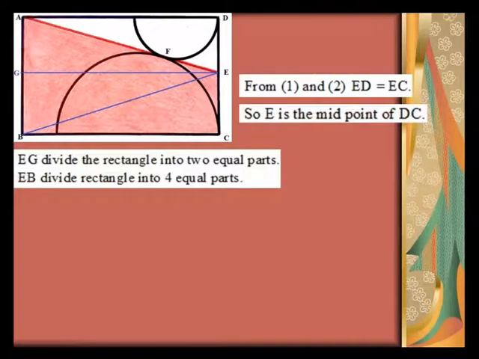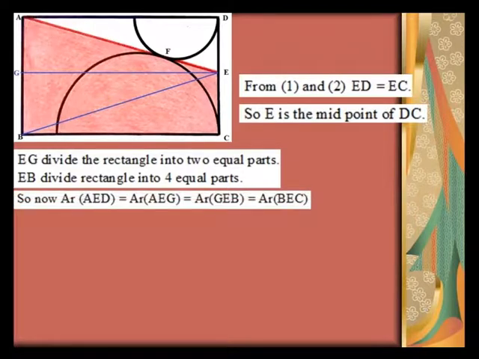Now, EG divides the rectangle into two equal parts and EB divides the rectangle into four equal parts. So now area of AED is equal to area of AEG is equal to area of GEB is equal to area of BEC. All these triangles have equal area.